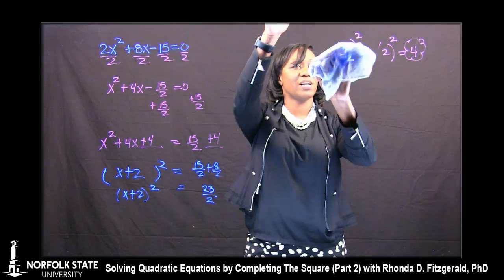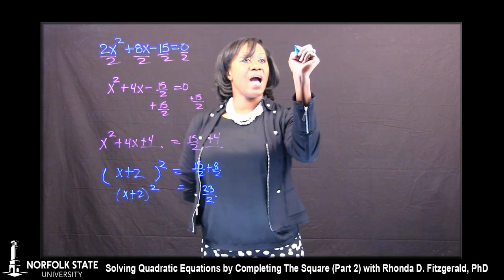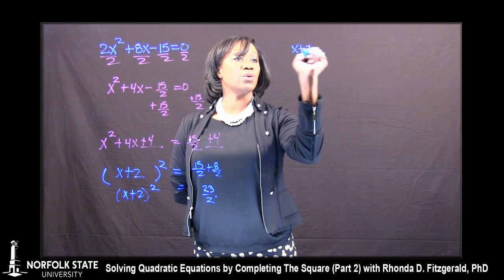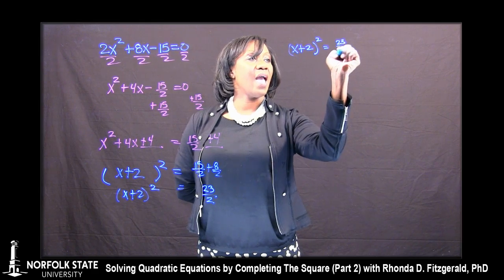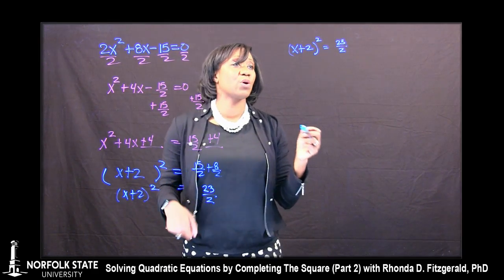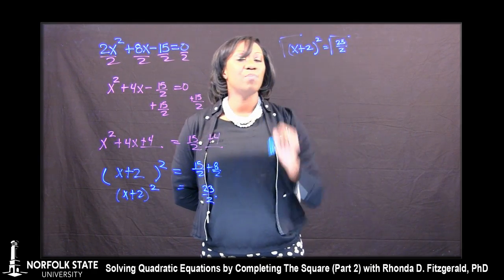Let's erase our side work so we have room to finish this problem. So once again, I have x plus 2 quantity squared equals 23 halves. What do we do to both sides in this particular case? Recall we use the square root property, and I want to take the square root of both sides.